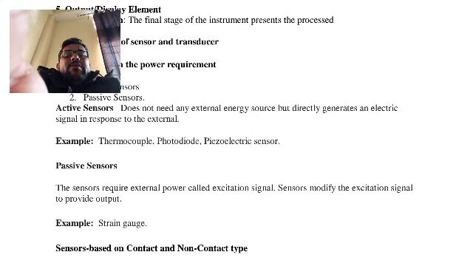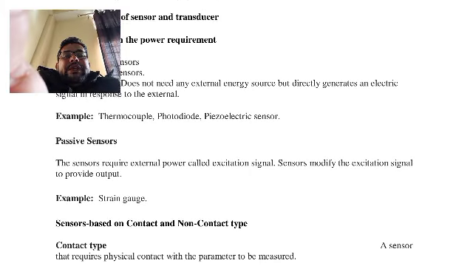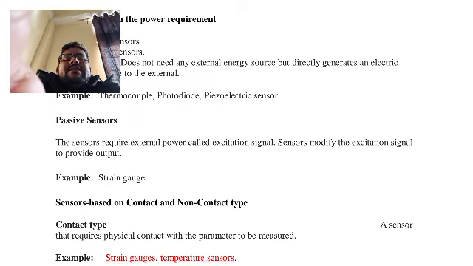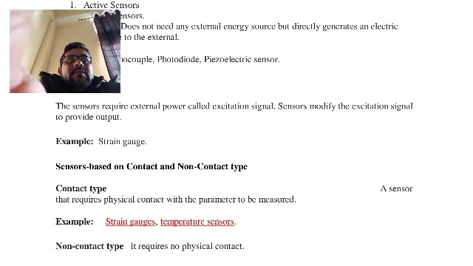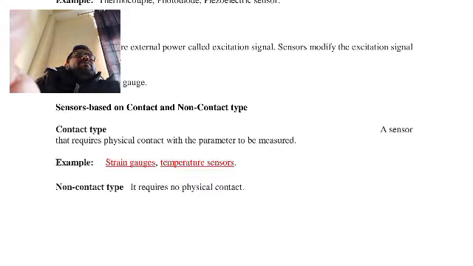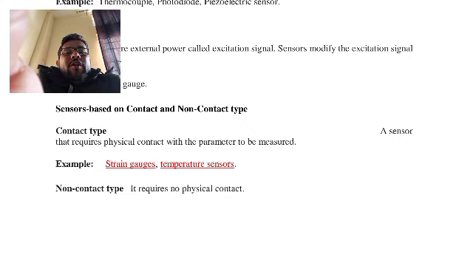Second, the passive sensors. What are passive sensors? These sensors require external power, called an excitation signal. The sensor modifies the external signal to provide the output. Strain gauge and LVDT are passive sensors. Next, classification based on contact or non-contact.